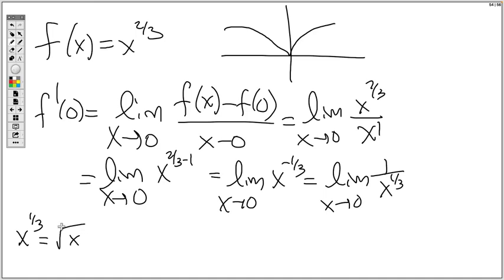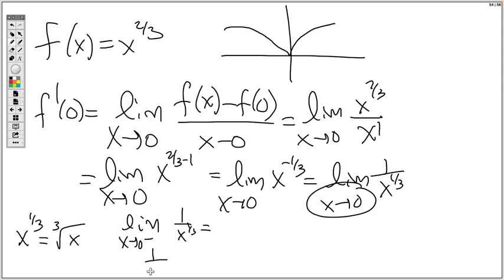That's cube root. And we're coming into 0. So we're plugging in small numbers. So if I look at the limit as x comes into 0 from the left of 1 over x to the 1/3, I've got 1 over a small negative. Let's do this on the next slide here.